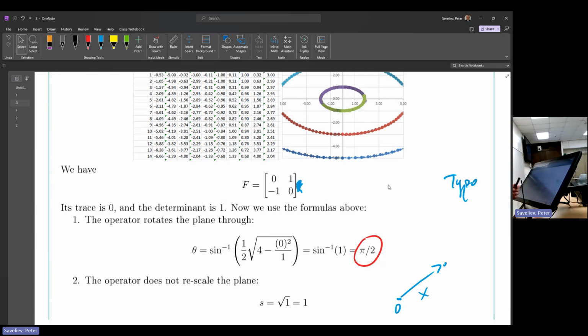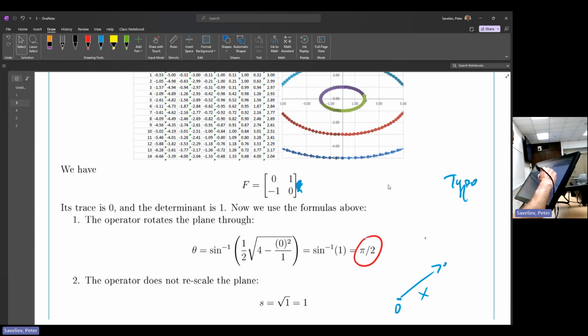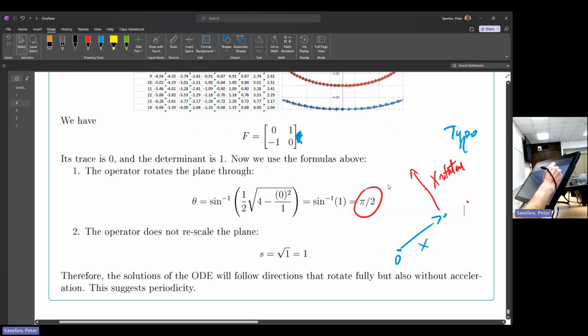It seems that the rotation by pi over 2 is supposed to be measured counterclockwise. So this is what we're supposed to be doing here. In fact, it's the same exact vector: this is x, rotated by pi over 2.